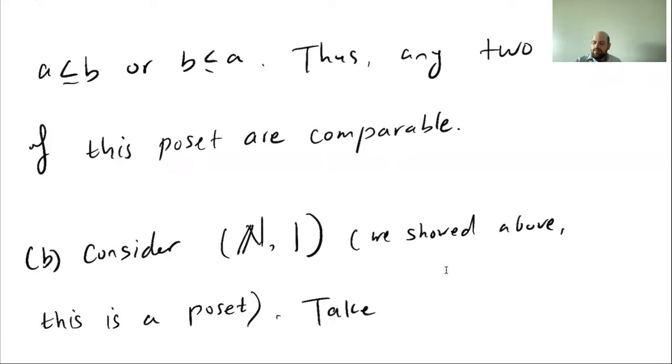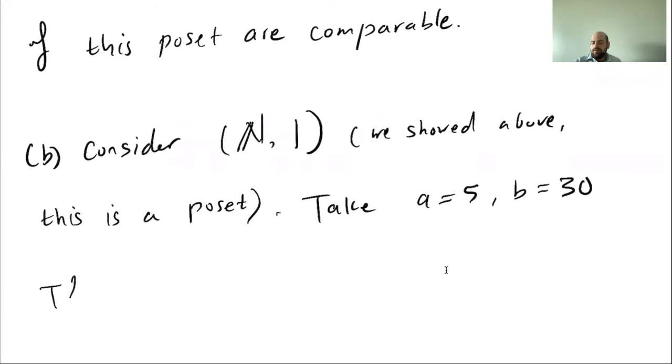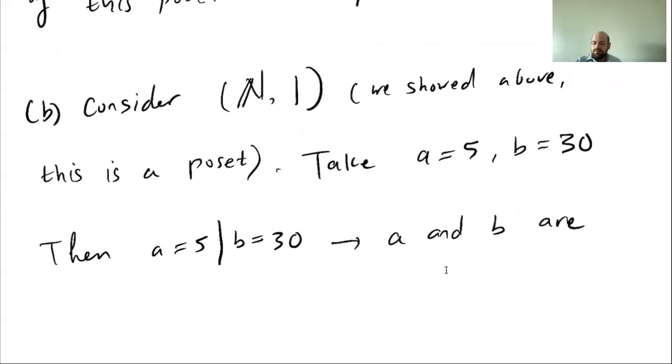Take, let's say, A equals 5, B equals 30. Then A equals 5 divides B equals 30. So that means A and B are comparable here.